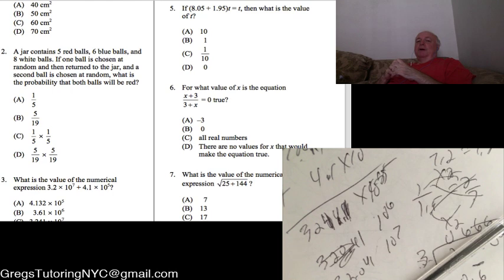Because if we divide both sides by t, we get 8.05 plus 1.95 equals 1, right? Another thing is to add the two of those. So we get 8.5 plus 1.95 is 10, so we get 10t equals t.